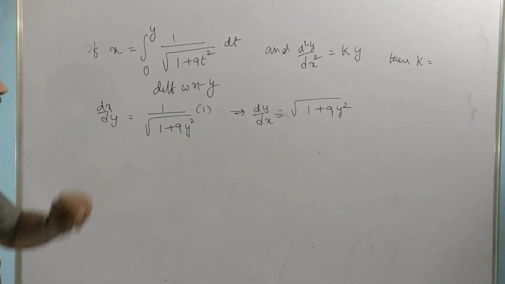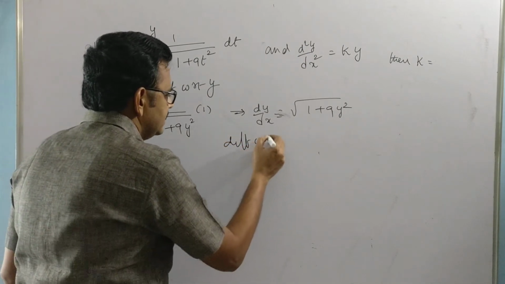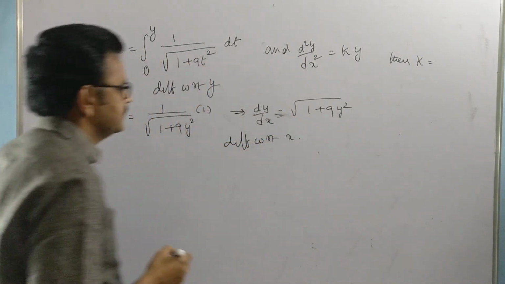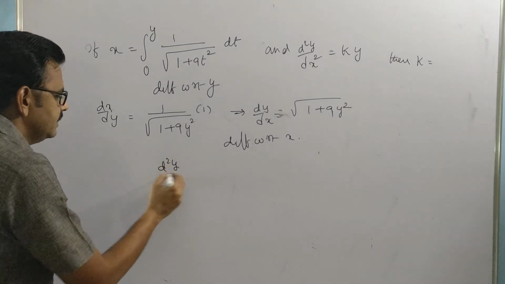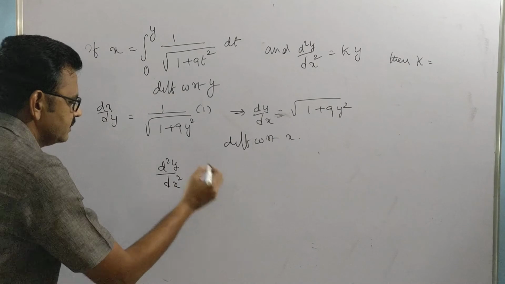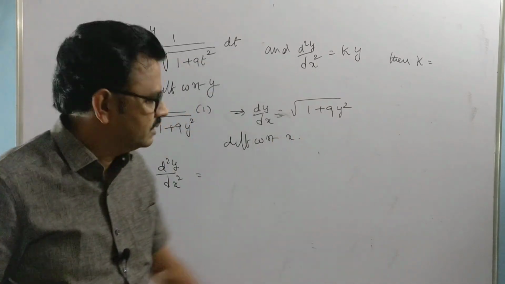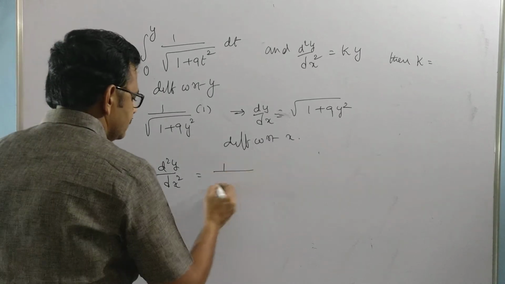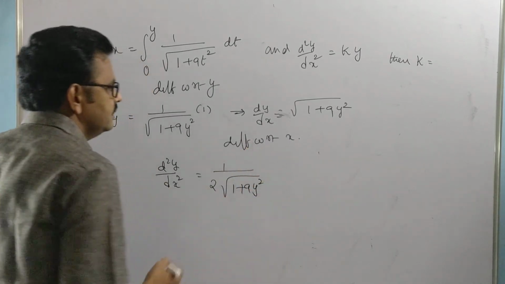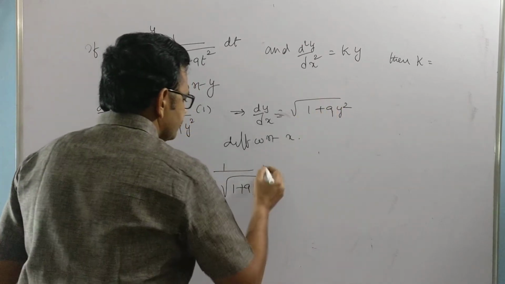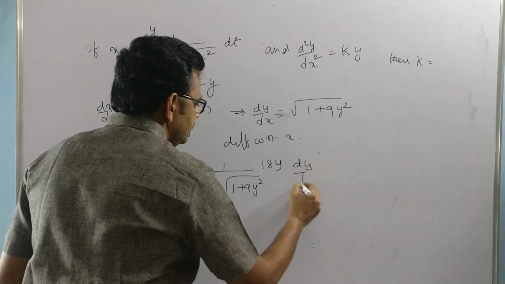Now again differentiating with respect to x. Now the derivative d square y by dx square is equal to, this is the derivative of root x, the general differentiation: 1 by 2 root of 1 plus 9y square into its derivative 18y into dy by dx.